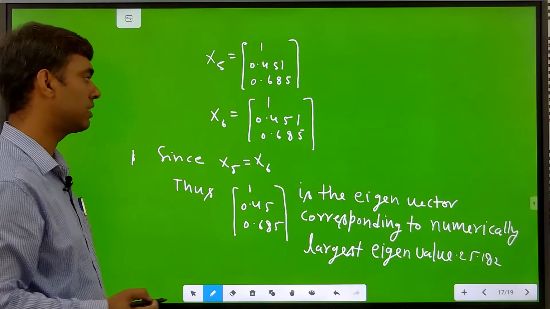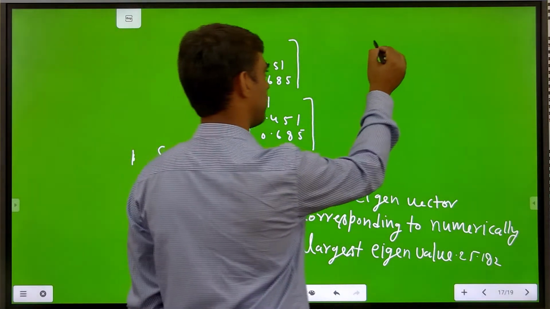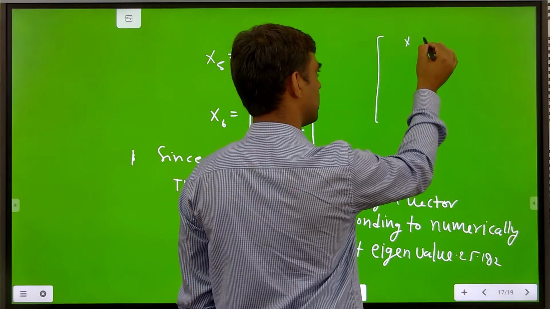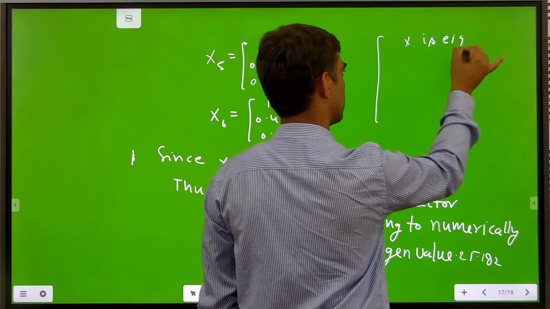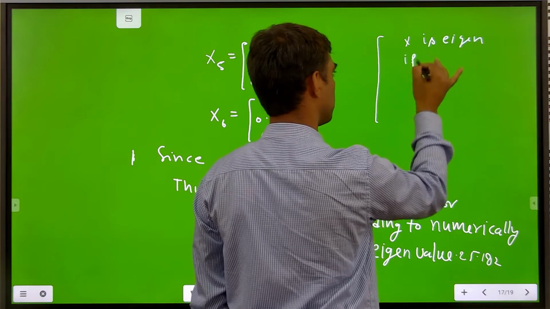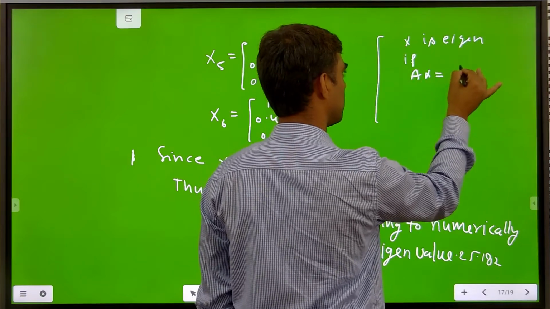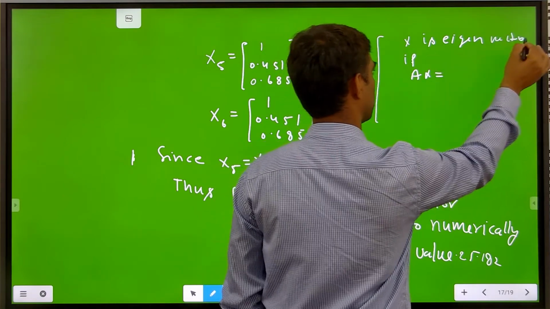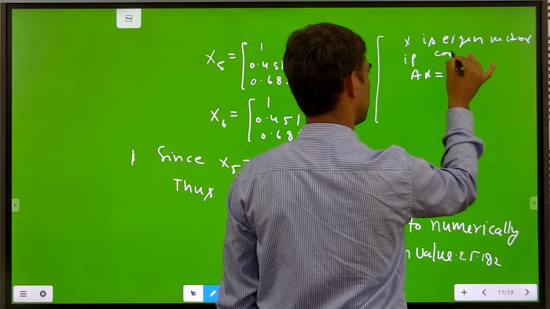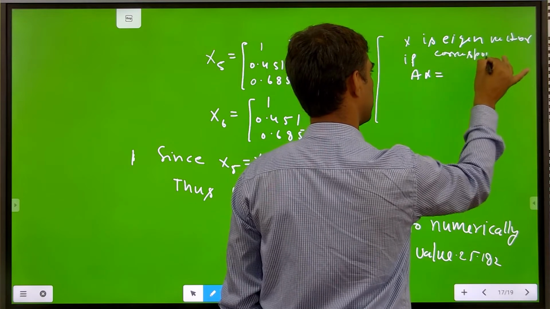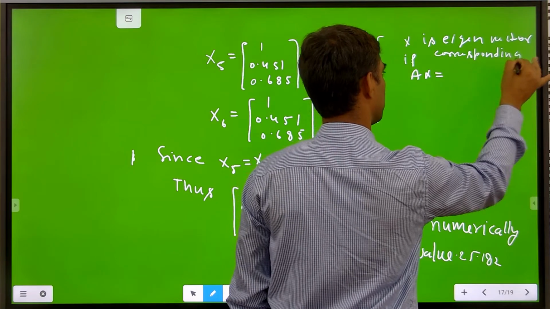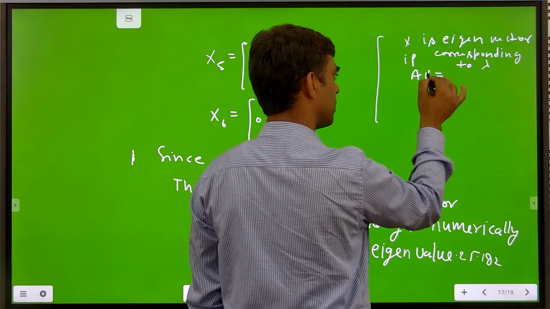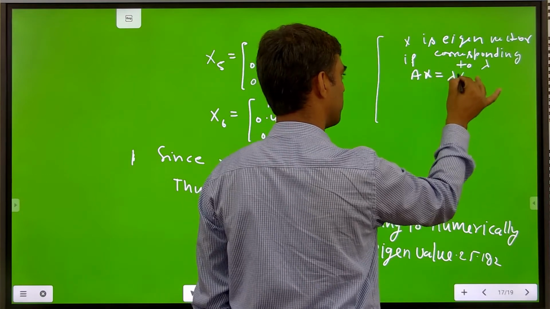Why is this the largest eigenvalue? We know that x is an eigenvector corresponding to lambda if Ax equals lambda x.